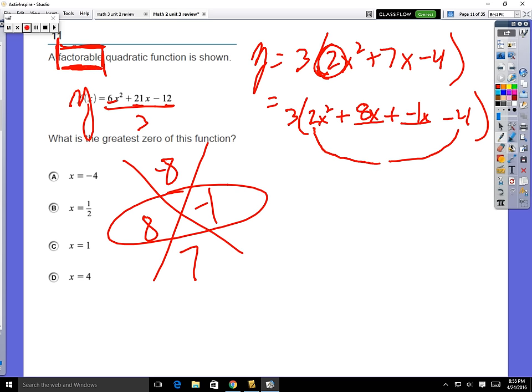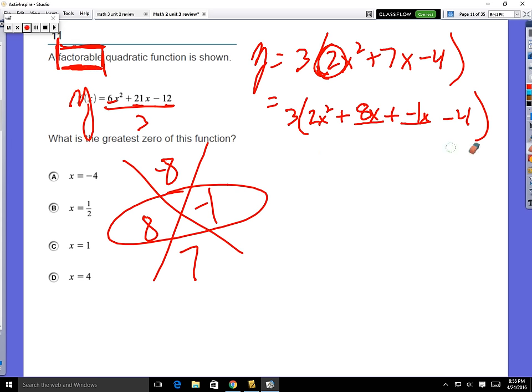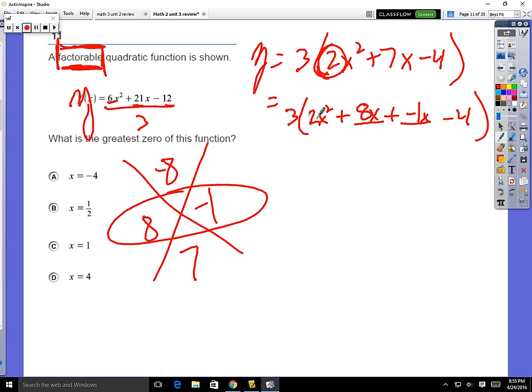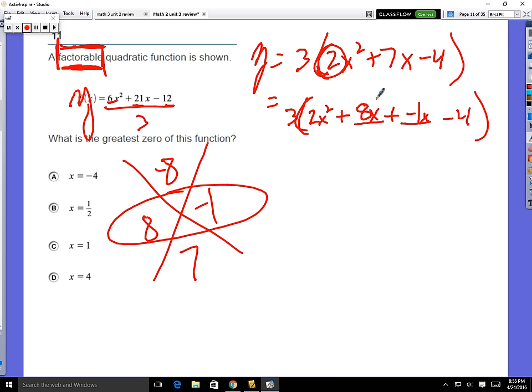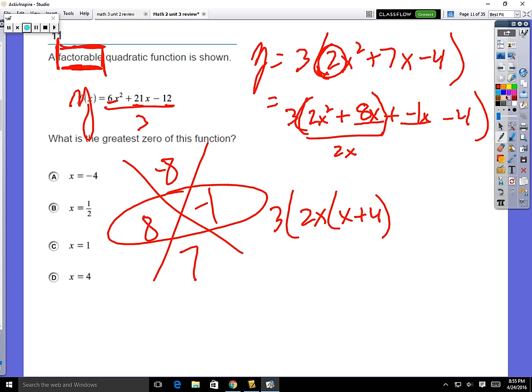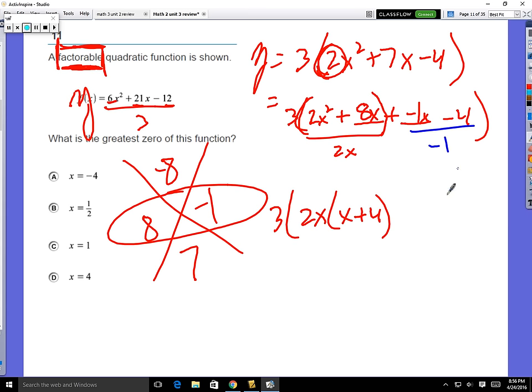Okay, now that you got 4 pieces, let's group them. I'm going to group these together, and I'm going to factor out a 2x. So it's going to be this 3 parentheses 2x times x plus 4. And out of these guys, I'm going to factor out just a -1. So it's going to be minus 1 x plus 4.